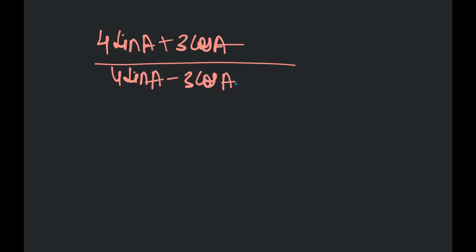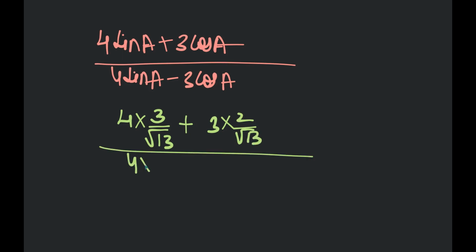So by substituting, we get (4 into 3 by root 13 plus 3 into 2 by root 13) whole divided by (4 into 3 by root 13 minus 3 into 2 by root 13).